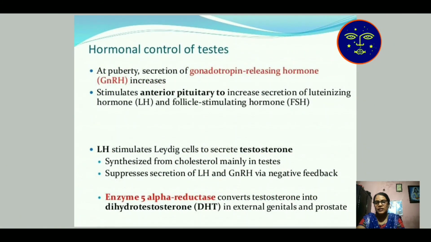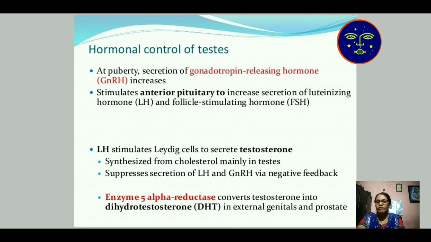Hormonal control of the testes. At puberty, the secretion of gonadotropin-releasing hormone increases and stimulates the anterior pituitary to increase the secretion of luteinizing hormone and follicle-stimulating hormone. Luteinizing hormone stimulates the Leydig cells. Leydig cells are present between the seminiferous tubules and secrete the testosterone hormone.